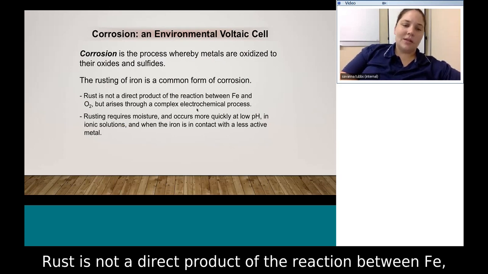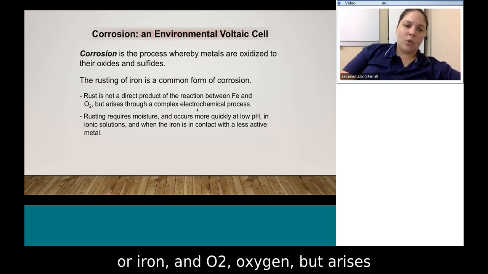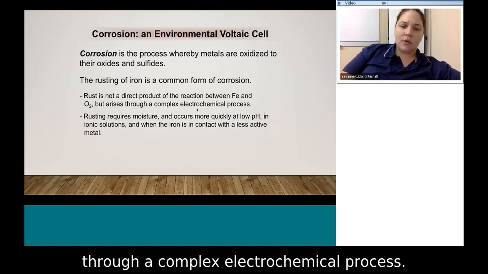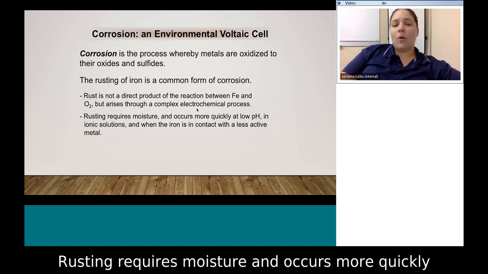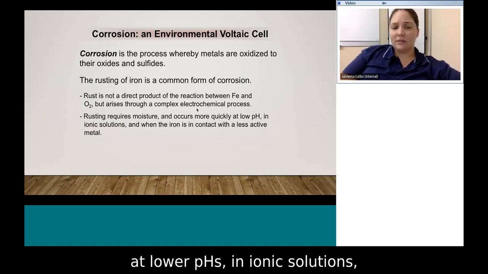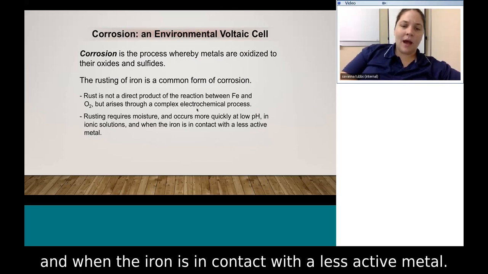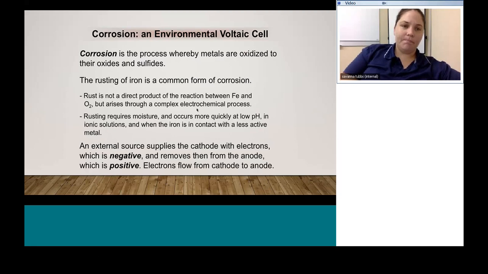Rust is not a direct product of the reaction between Fe, or iron, and O2, oxygen, but arises through a complex electrochemical process. Rusting requires moisture and occurs more quickly at lower pHs, in ionic solutions, and when the iron is in contact with a less active metal.